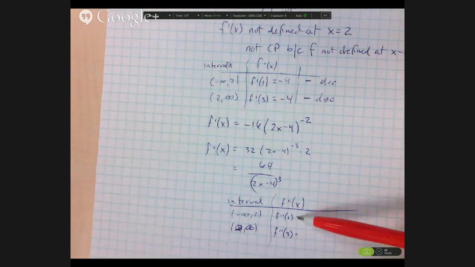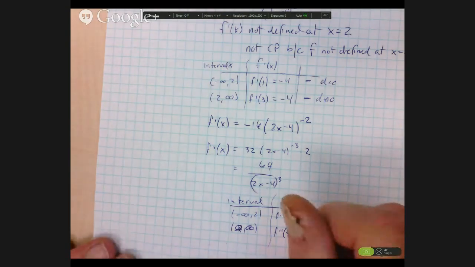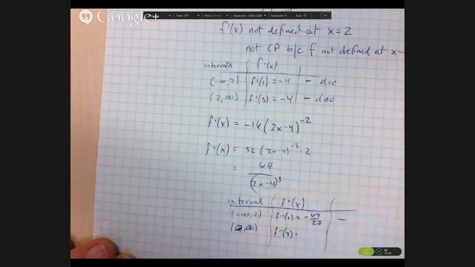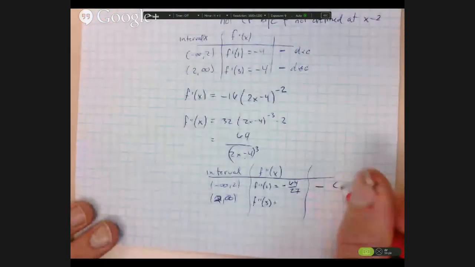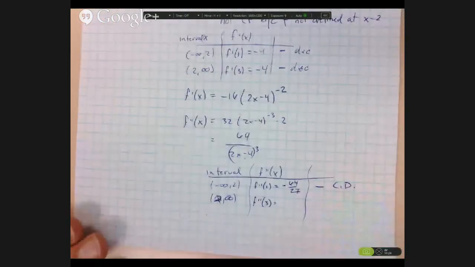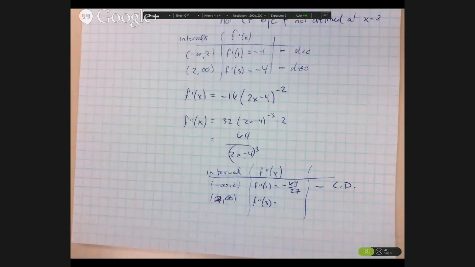What's f double prime at 1? So that's negative. What does that tell us about concavity? Yep, concave down. And then f double prime at 3 is positive, right?